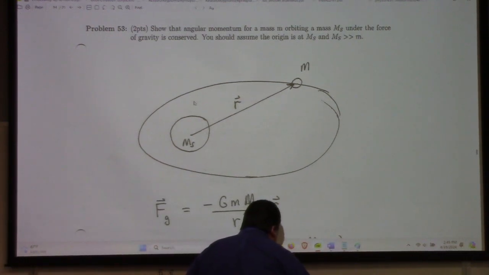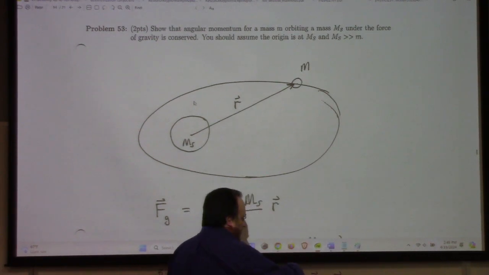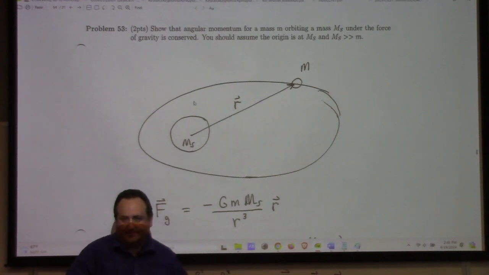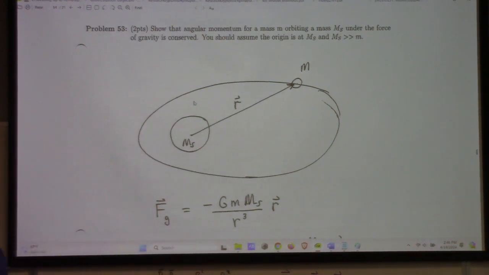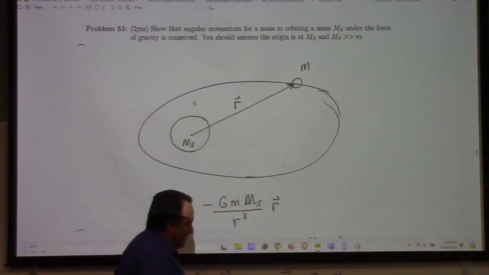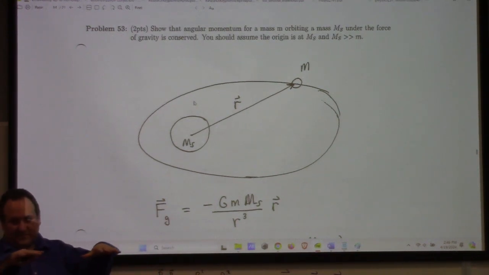Angular momentum L is r cross v, right? If the angular momentum is constant, that means that r and v are in the same plane. That's not quite a proof, but plausibility perhaps. And if r and v are in the same plane, that means the motion is stuck in a plane.